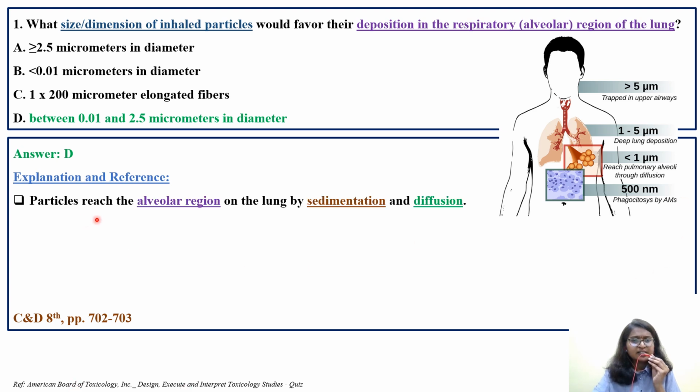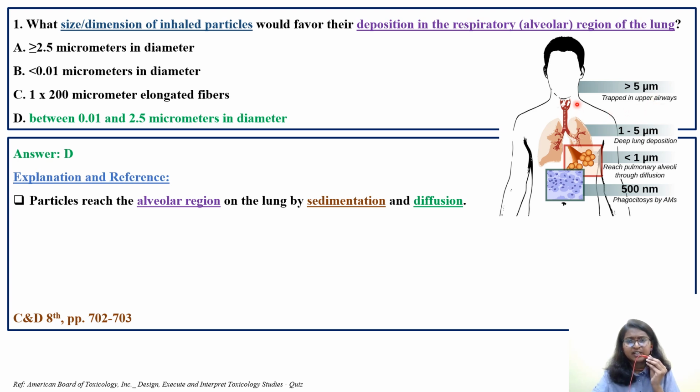Particles reach the alveolar region of the lung by sedimentation and diffusion. This is not the actual diagram from the textbook; in the next slide I have given the diagram from Klaassen, but let us understand approximately how particle size matters. If the inhaled particle size is greater than 5 micrometer, the particles will be trapped in the upper airway.